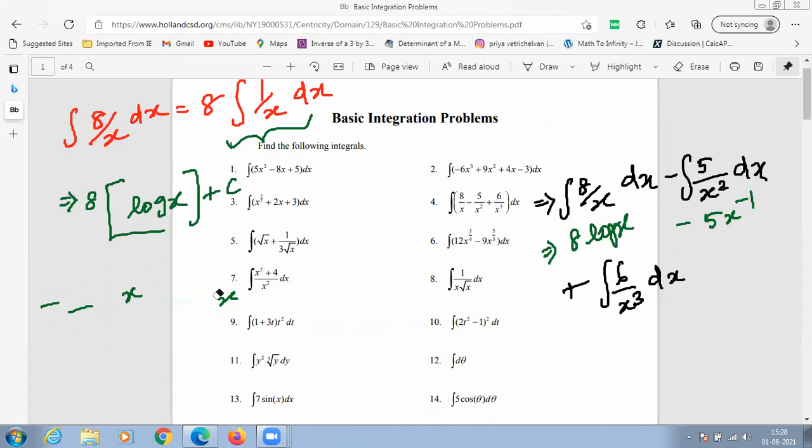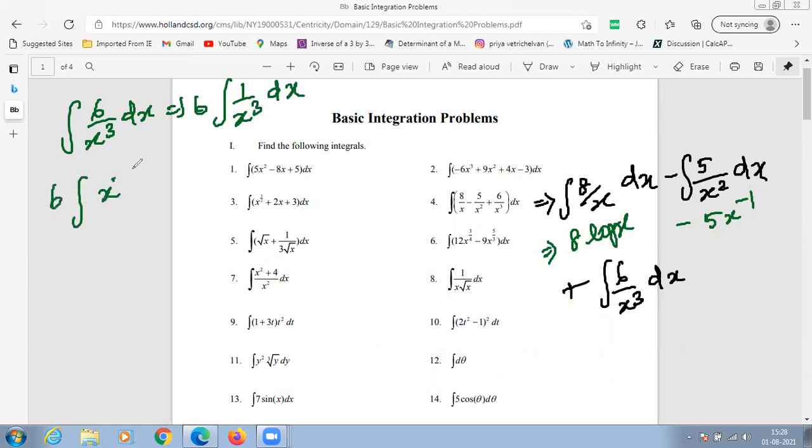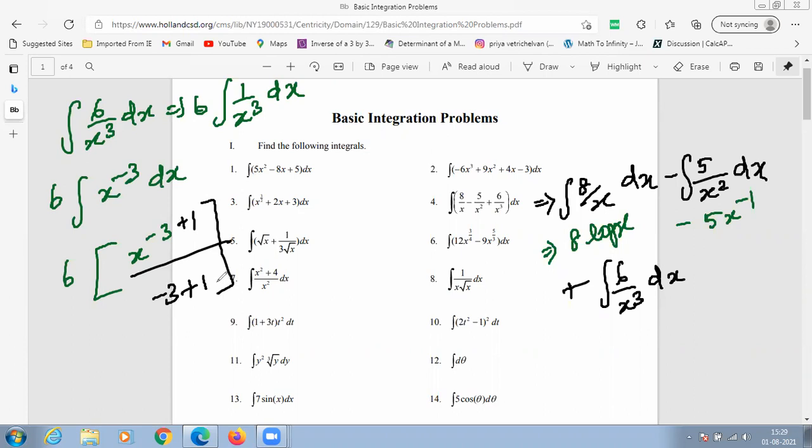The next thing is integral 6 upon x cube. Take the 6 outside. It's going to be 1 by x cube into dx, and 1 by x cube can be written as x power minus 3 dx. If I apply the same power rule, it's going to be x power minus 3, and I'll increase its power by 1. In the denominator again, I'll write its power and increase it by 1.